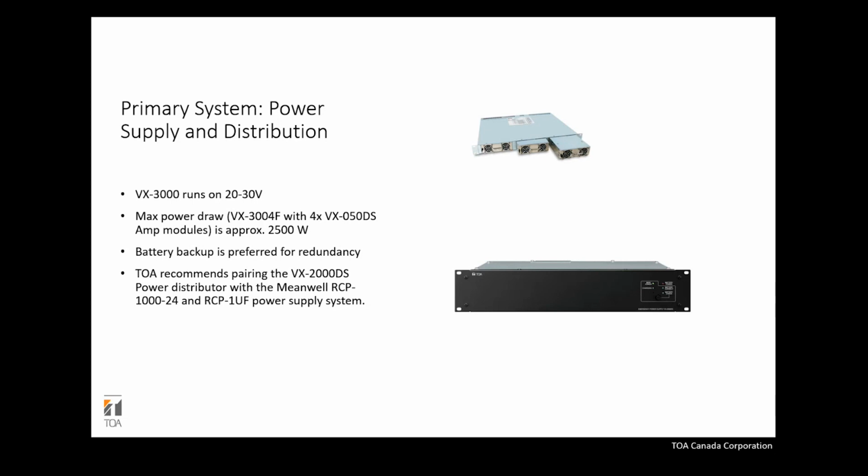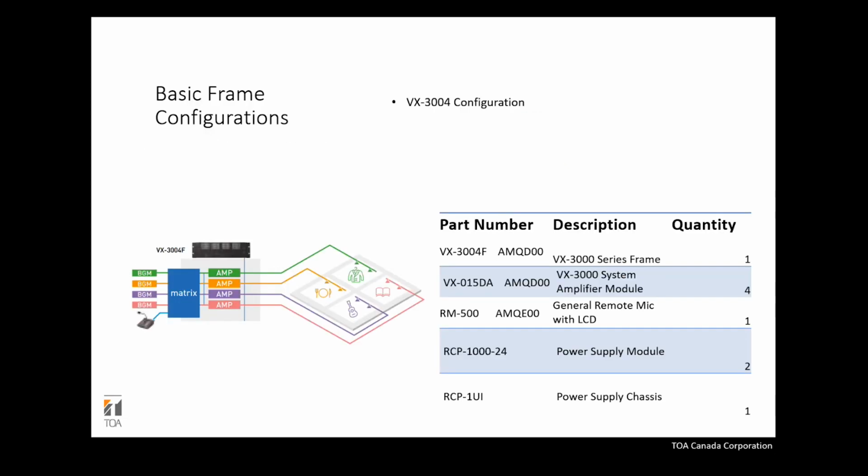The VX3000 DS has the capability for fault monitoring, power monitoring, and also trickle charge any battery backup that you connect to it. It works with 24-volt batteries, which often would be 2 12-volt batteries lined up in series to supply the system in case of power failure. So let's look at some basic configurations for the 3 types of frames.